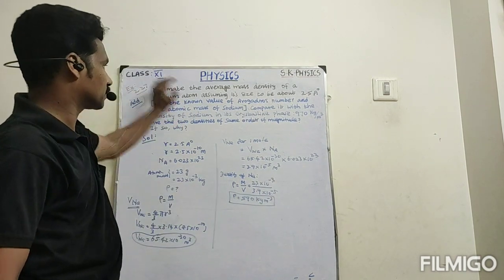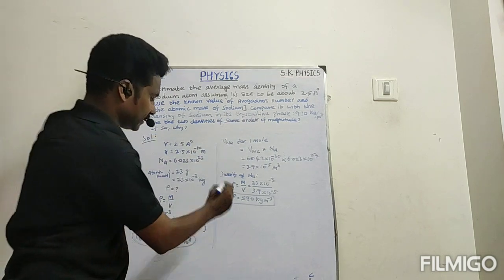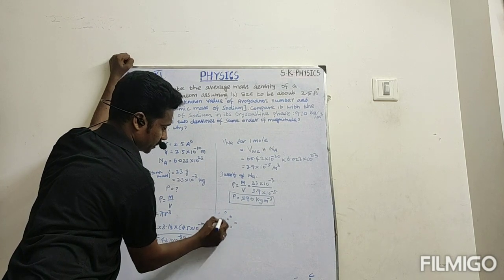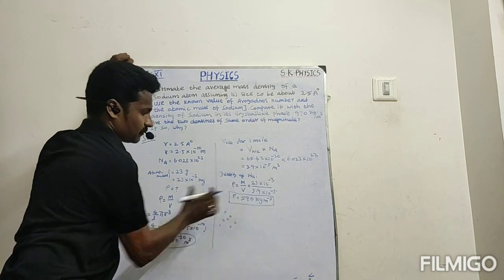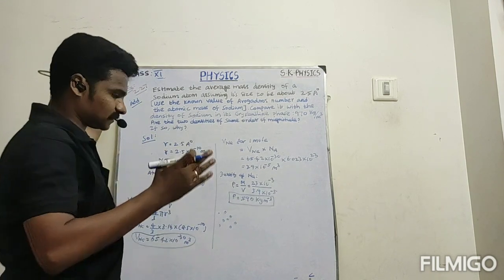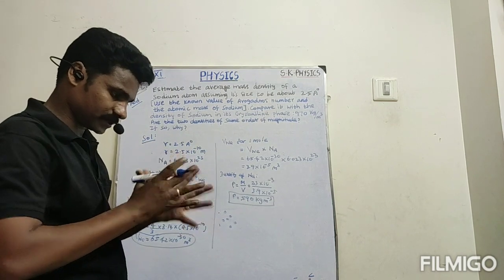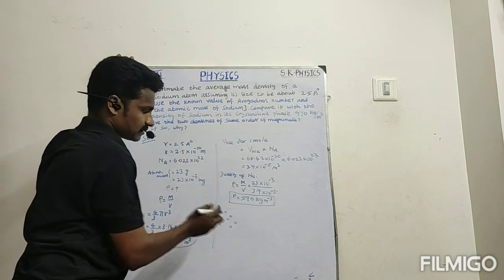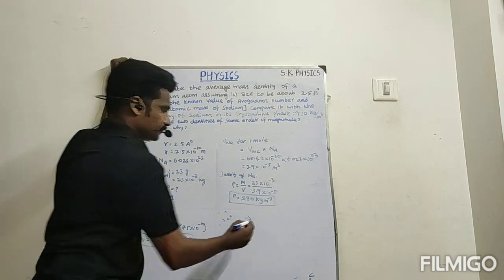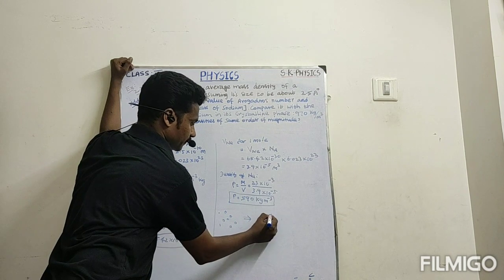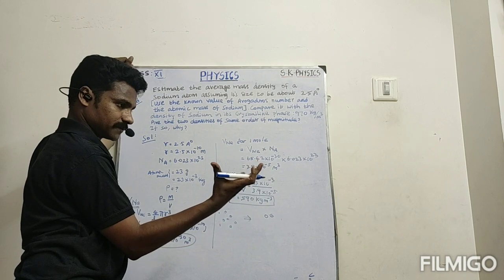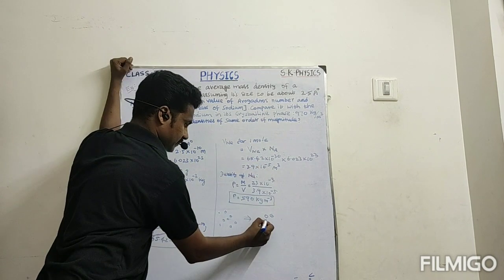But if you observe, this is for the sodium atom. So the sodium atom density is only 590 kilogram per meter cube. But after the formation of the crystalline form, what does the crystalline form actually mean? When it is converted into a crystalline form, the interatomic distance will be reducing and the bonding strength will be increasing.